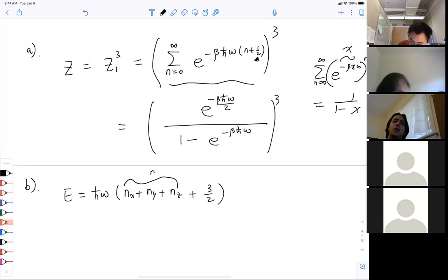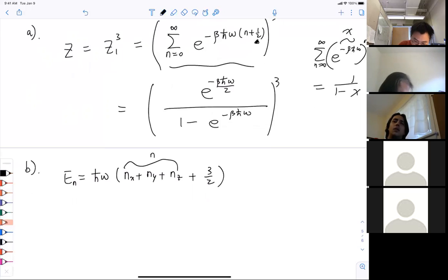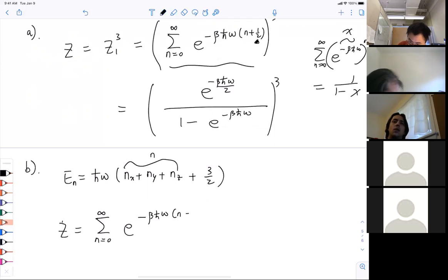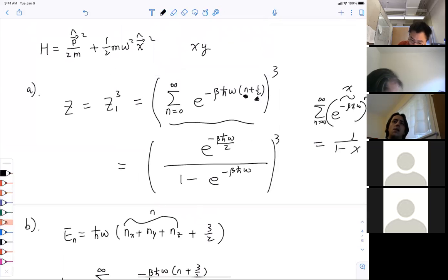We call this guy N. So the energy is only a function of N, right? By the way, this N here is different from this n here. This n is only for one harmonic oscillator. This N is the sum of three harmonic oscillators.